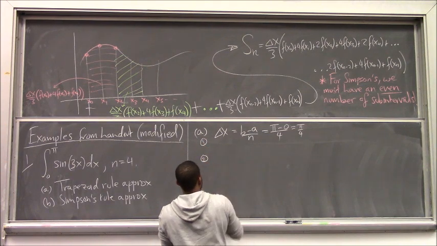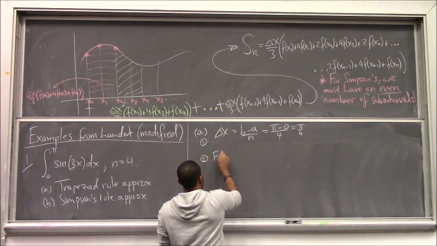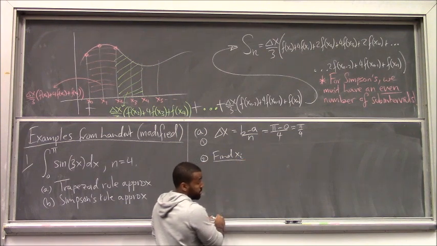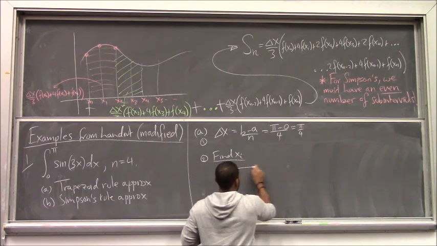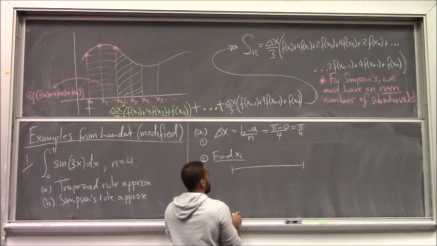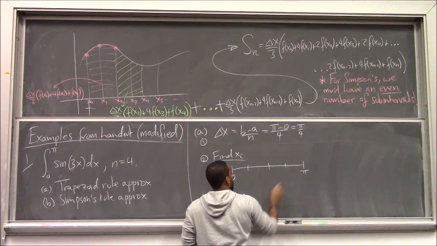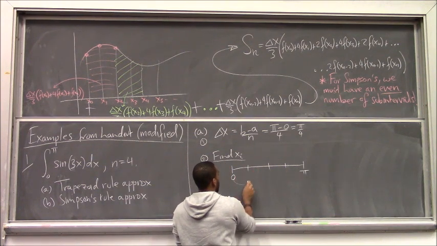Second thing you're going to want to do is find the xi. Now you kind of already know a formula to find the xi, it's a plus i delta x. I like to actually just sketch out a little picture on the spot though. So 0 to pi, I want to cut it into 4 equal sections, and I start at the first endpoint and keep adding delta x.